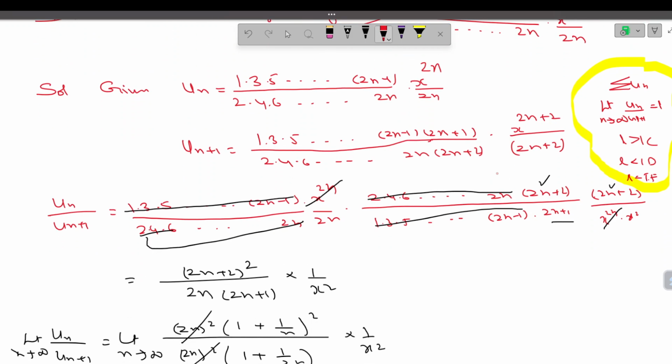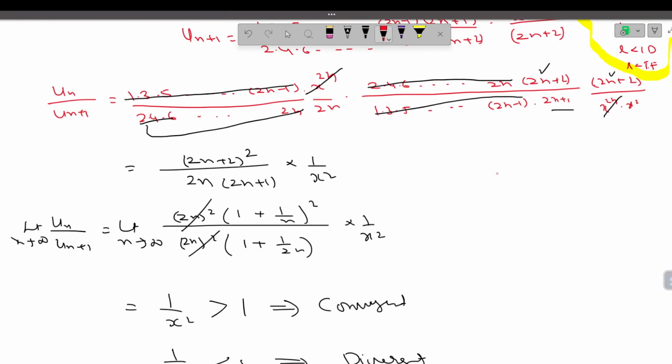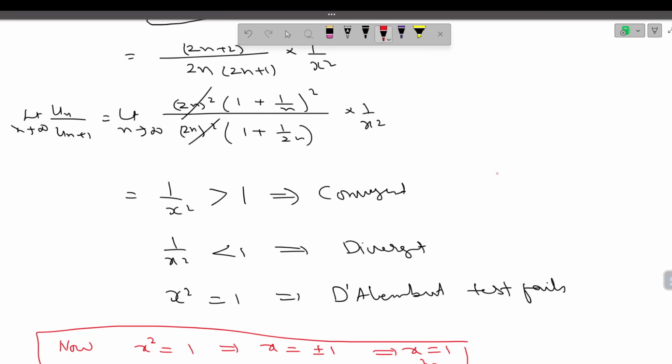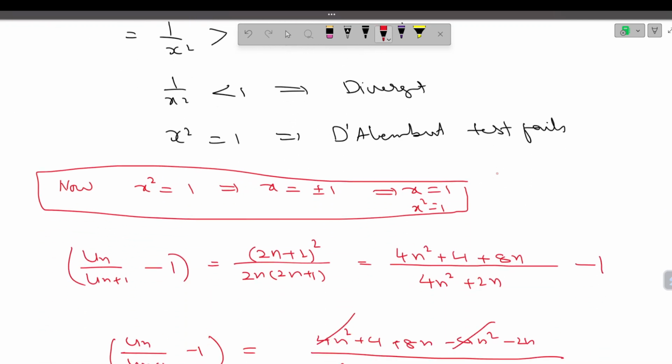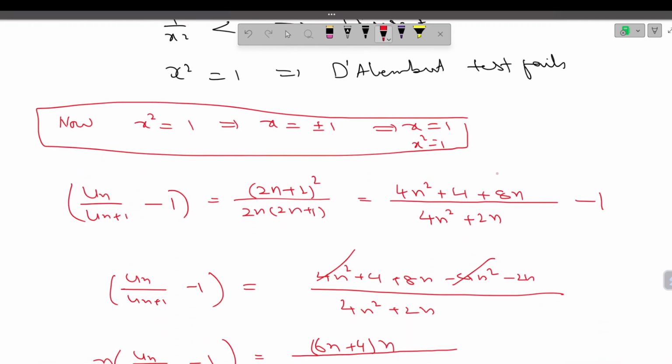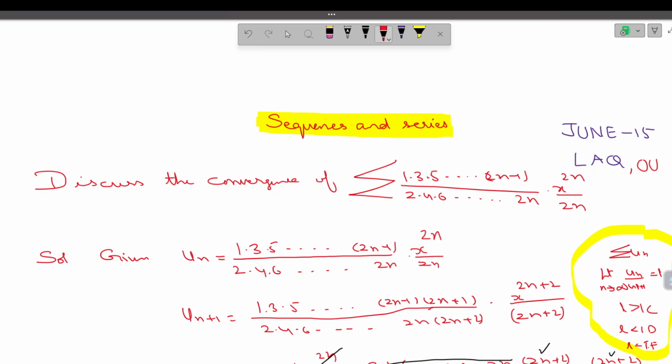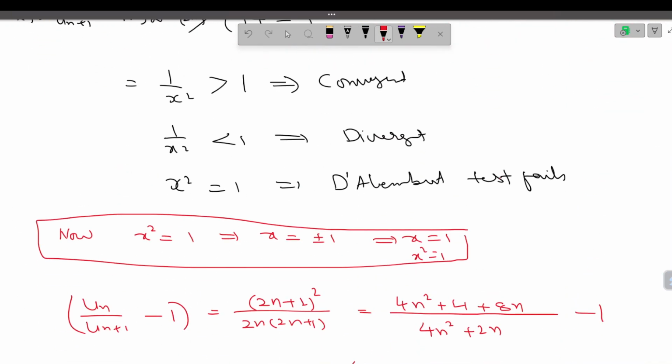Then we did un plus 1. Then applied the D'Alembert test, un by un plus 1. We got the answer after solving the limit as 1 by x square. Greater than 1 convergent, less than 1 divergent, x square equal to 1 test fails. So when the test fails we can't leave it. It is a long problem and it appeared in June 15 of Osmania University, Engineering.